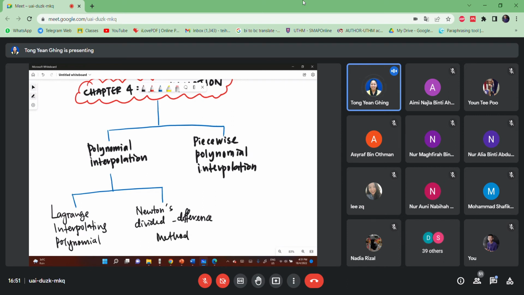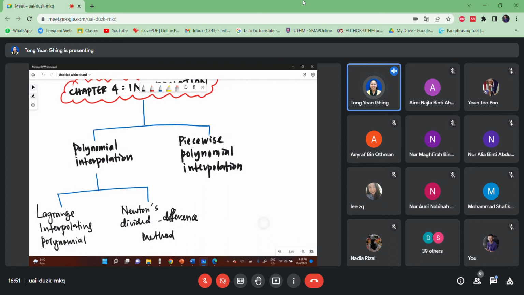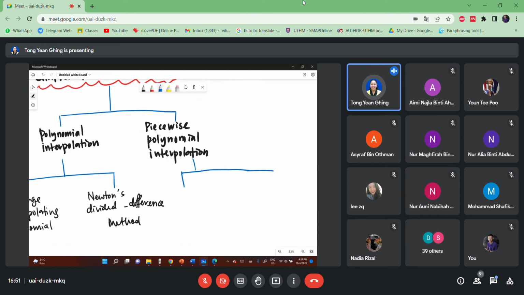Okay, and then for the piecewise polynomial interpolations, we have two methods as well. One is natural cubic spline, and another one is clamped cubic spline. Okay.